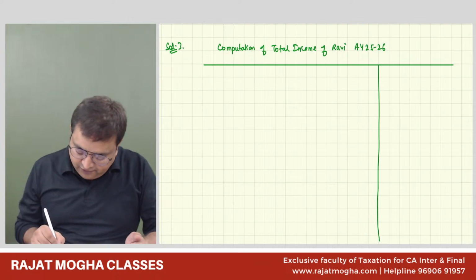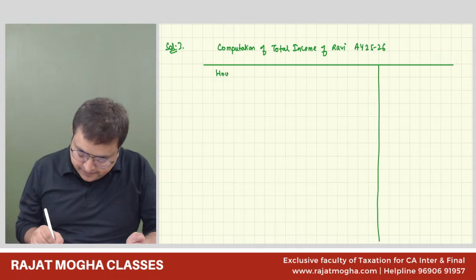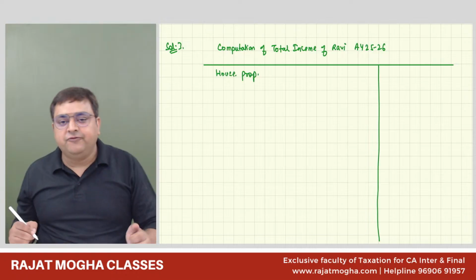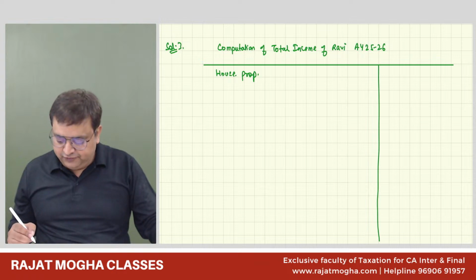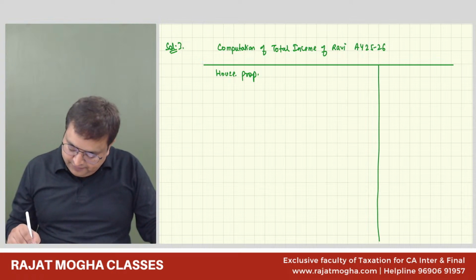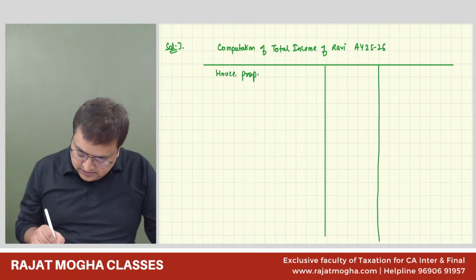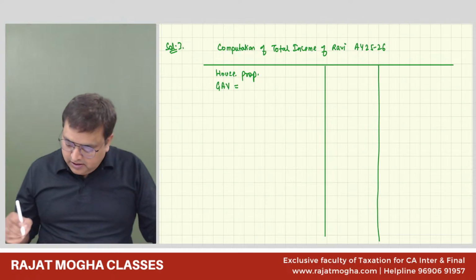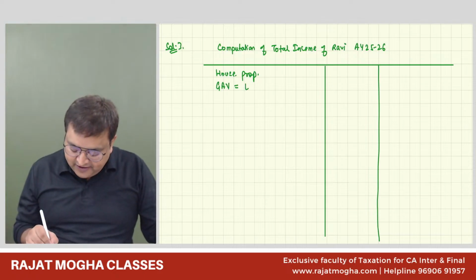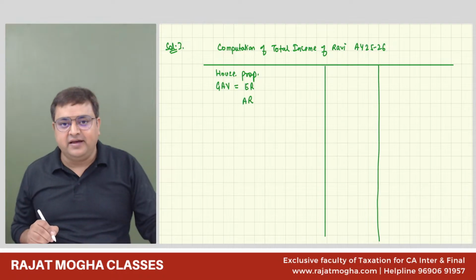So we have income from house property also, then we have income from IFOS also. Let us compute the income from house property first. GAV. How much is the GAV? GAV is the higher of expected rent or actual rent, whichever is higher.